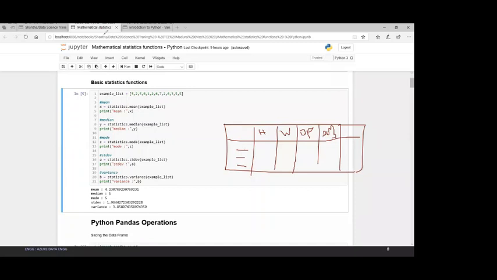Okay. So for example, if I have the value for this row, let us assume the row is going to be this. One minute.